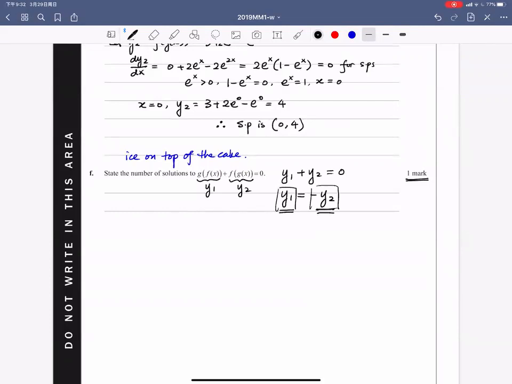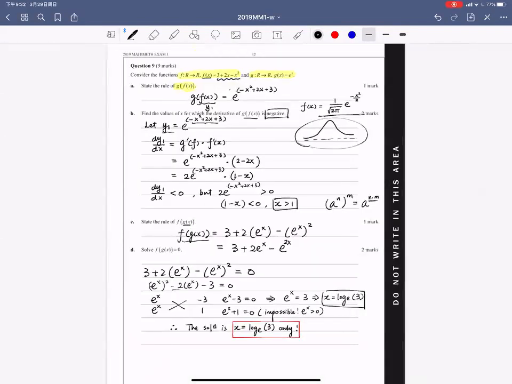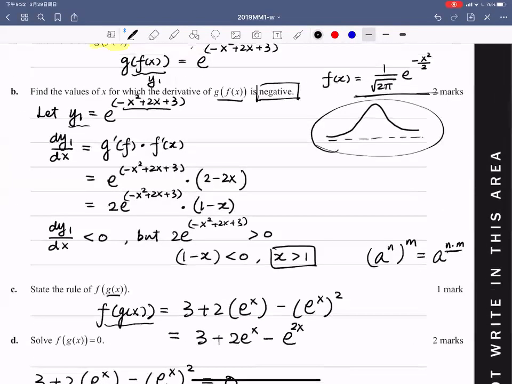So how does my graph of y1 look? Let me draw a rough sketch here. From part B, we know this graph, a bell-shaped curve, should give us a good estimate of the general shape. And the turning point is x equals 1. When x equals 1, y1 should be e to the power of 4, isn't it?